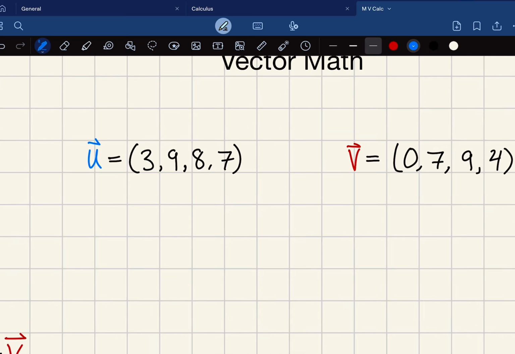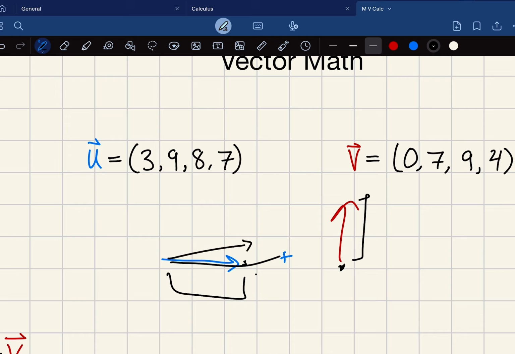If you remember from the other vector video, if you add one vector to another vector, then you add their horizontal components, for which this one has none, and their vertical components, for which this one has none and this one has a lot, and you get a vector which has this length and this vertical quality.